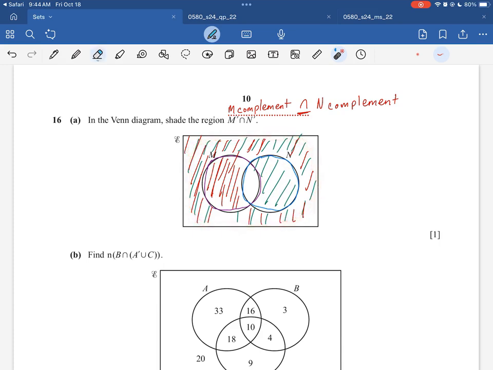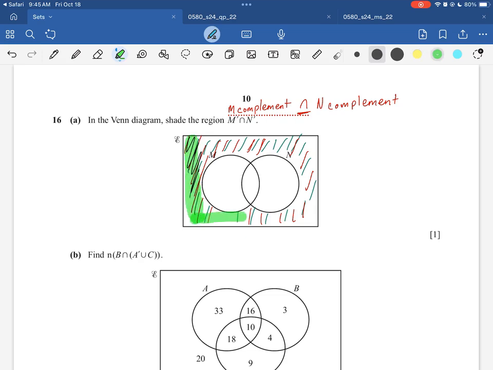So I'm going to take this away. So your M complement intersect N complement will be outside, right here. I can use a highlighter to fill it in. Right here. Yeah, this is what it should look like.